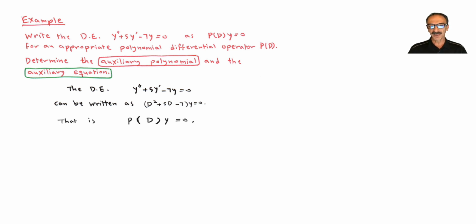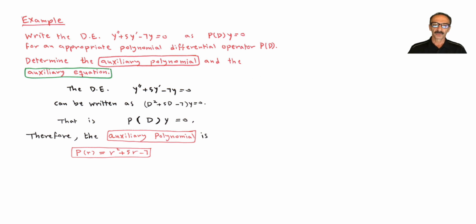That is P(D) times y equals 0, a polynomial of D as an input times y equals 0. Therefore, the auxiliary polynomial is P(r) equals r squared plus 5r minus 7.